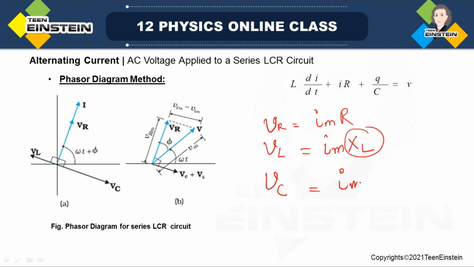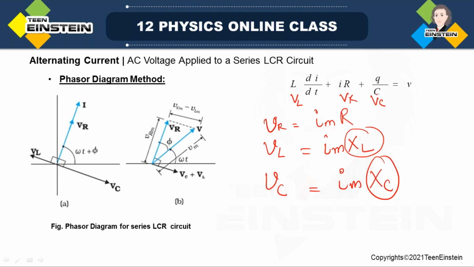And VC is Im into XC, the capacitive reactance, which is very much equivalent to the resistance in the resistive circuit.